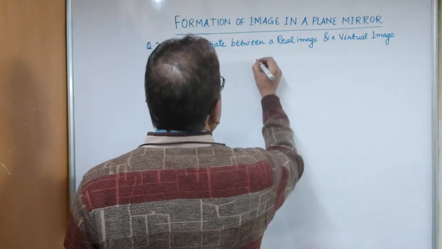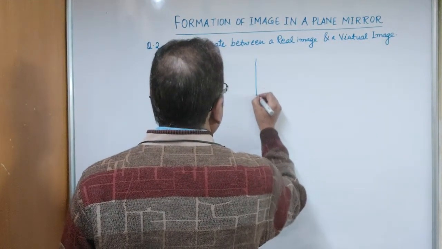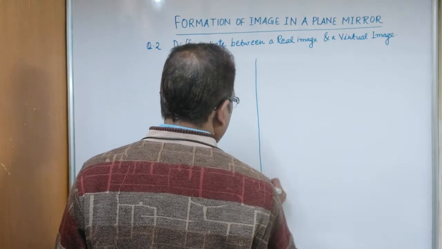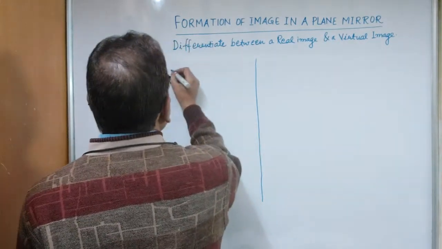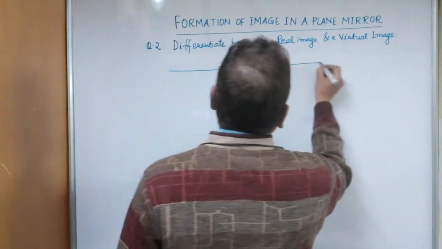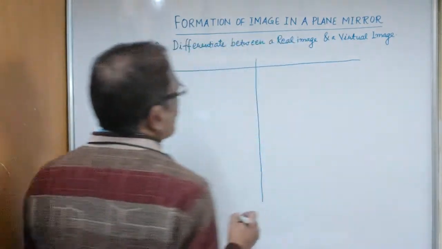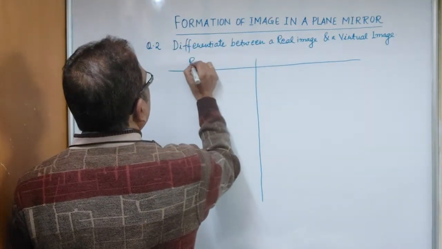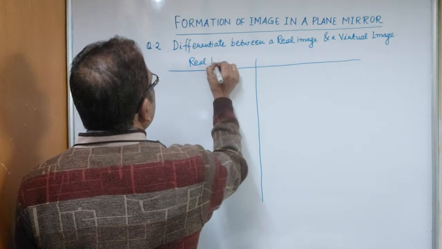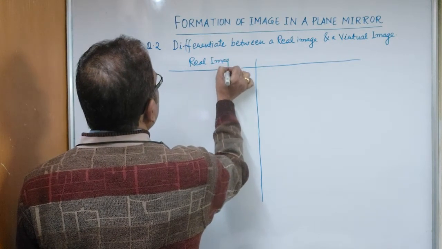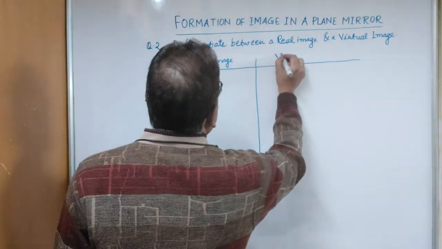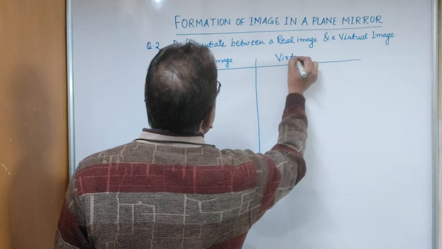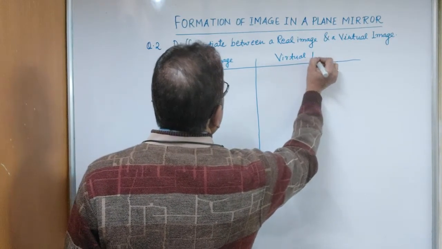So you make columns to write the differences. One side we will write real image, another side virtual image.